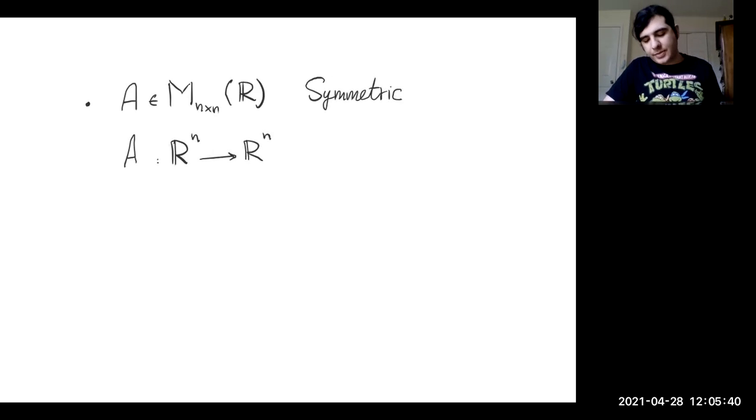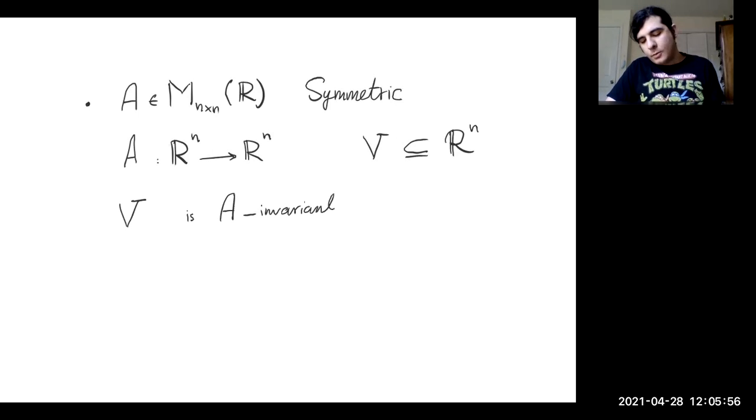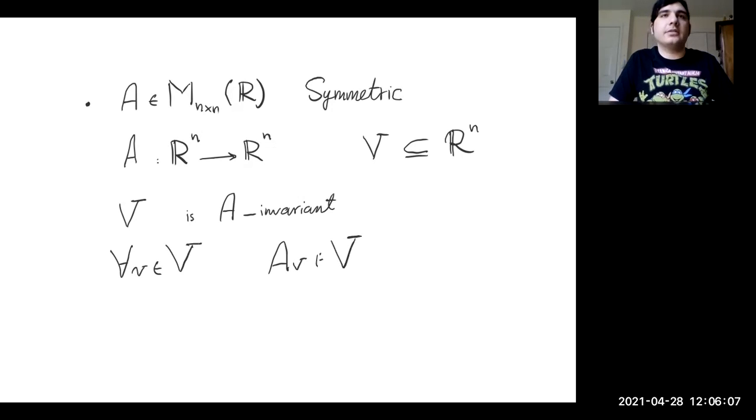Suppose I have some subspace V inside Rn, a sub-vector space, such that it is A invariant. What does that mean? That means for any vector V inside this vector space V, AV would still be inside this vector space V. It would not send any element of V to some element which is not in V. Then we would call this subspace A invariant, right?